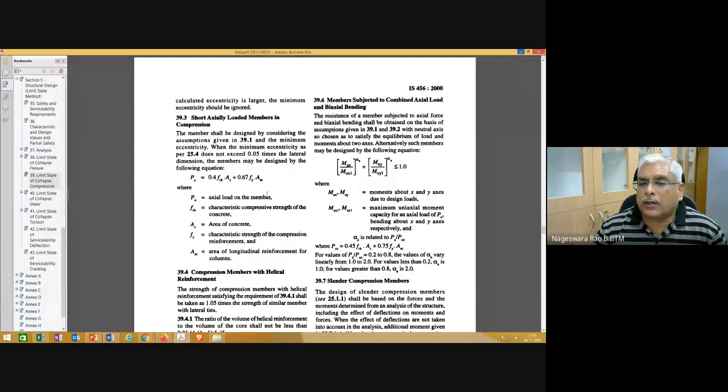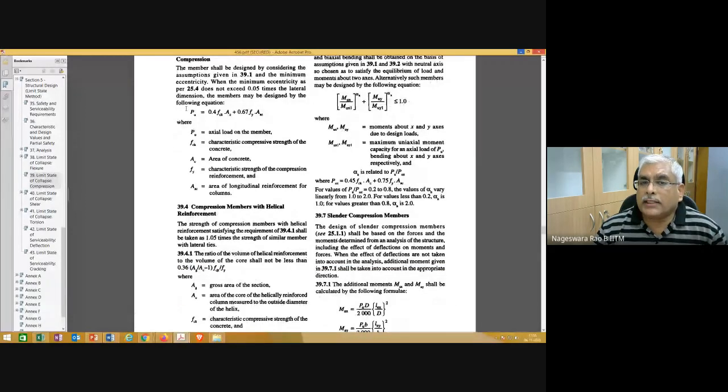Pu is the axial load on the member, fck is the grade of concrete, fy is the characteristic strength of compression reinforcement, Asc is the area of steel in compression, Ac is the area of concrete. And this is the capacity of a column when you have lateral ties.